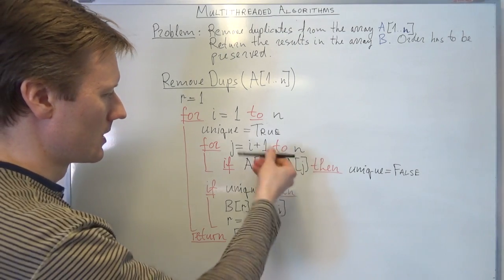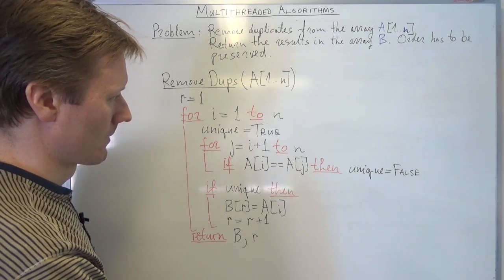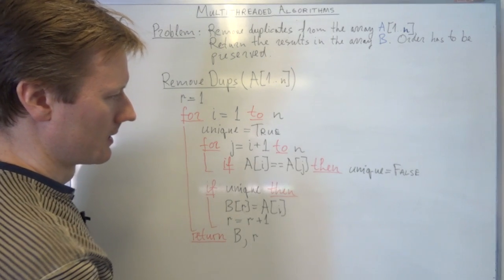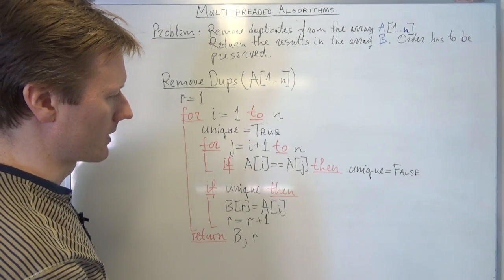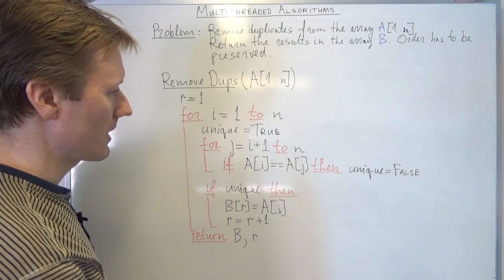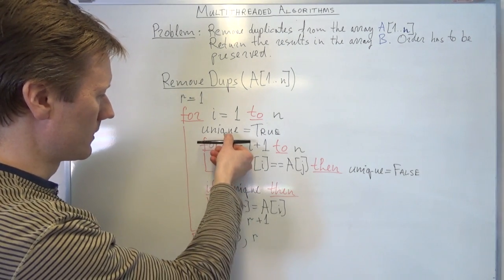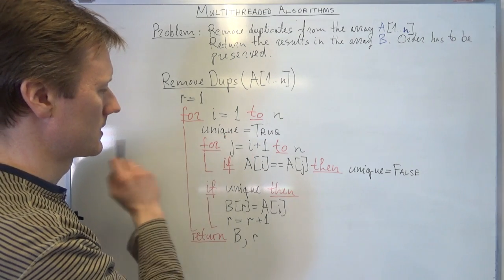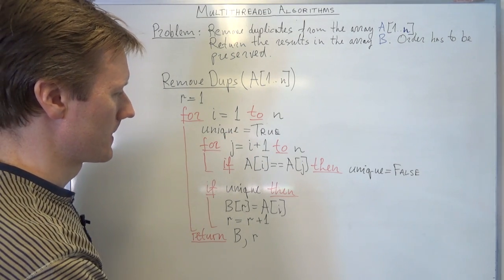But let's assume we cannot do that. In general, we cannot update the global variable by several threads at the same time. So we also cannot simply write parallel in front of this loop.